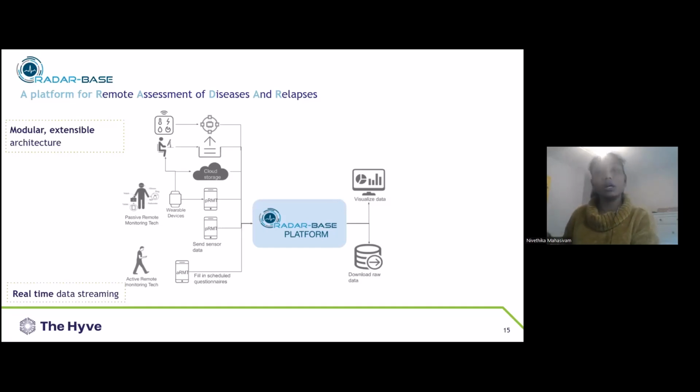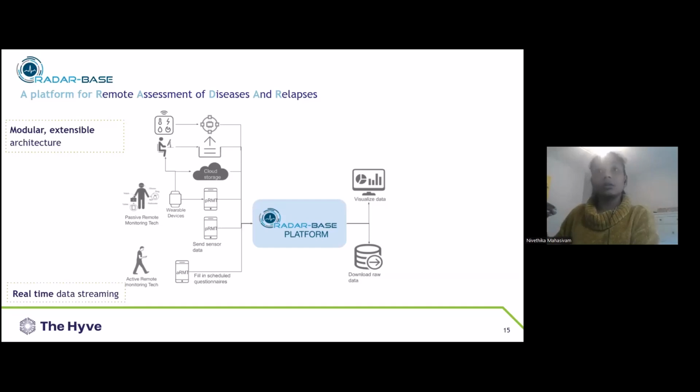So based on the answers they provide to the questionnaires, you can calculate the score, and that score would tell you where exactly you are in a particular disease. So often the combination of active and passive remote monitoring can be really interesting.